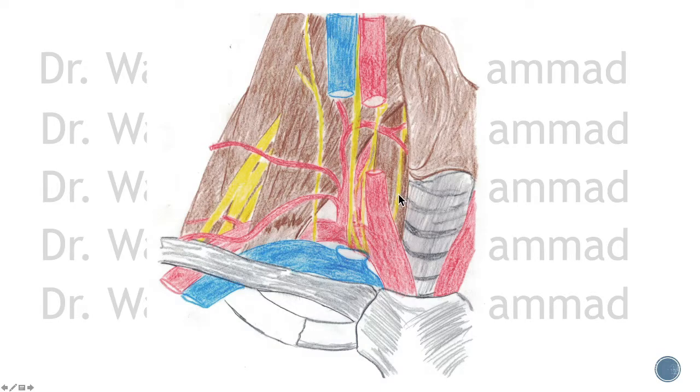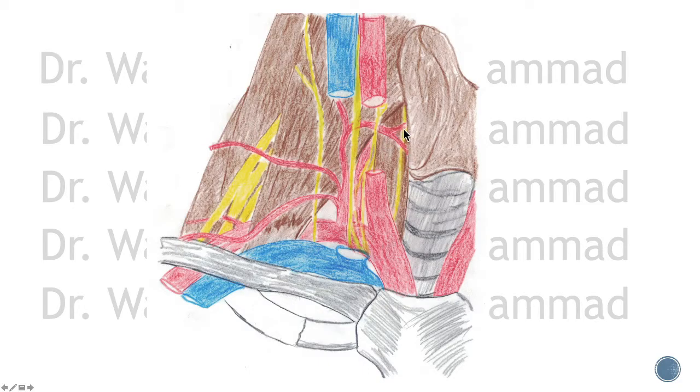On the right side, we say behind the trachea because the trachea is shifted to the right. On the left side, we say just between the trachea and the esophagus. See how it intermingles with the branches of the inferior thyroid? It passes either posterior or anterior or intermingles with the branches. So be careful in surgery while dealing with this nerve.